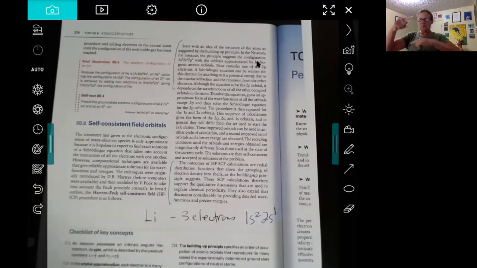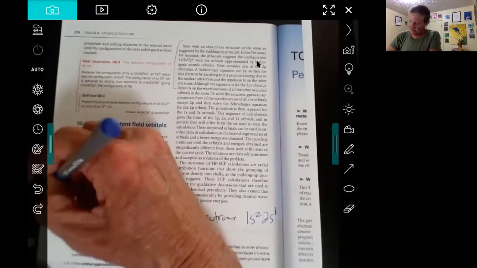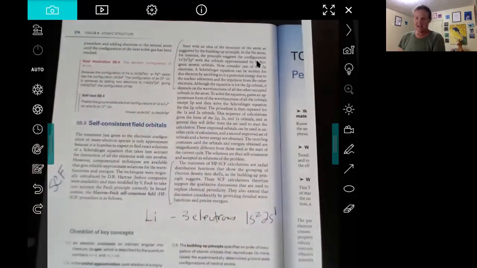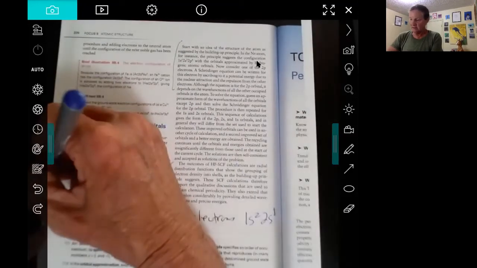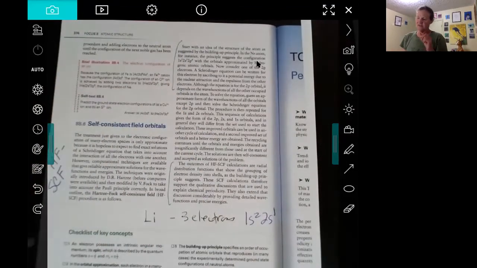You go through that process over and over until the energy and the functional forms of the orbitals stop changing. And then you say you have self-consistent field orbitals. So you'll often see it as SCF, self-consistent field orbitals. And Hartree-Fock was the first to do it, Hartree and Fock, so it's usually the HF-SCF method.